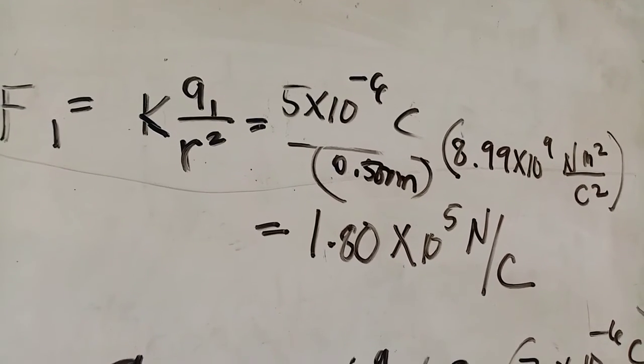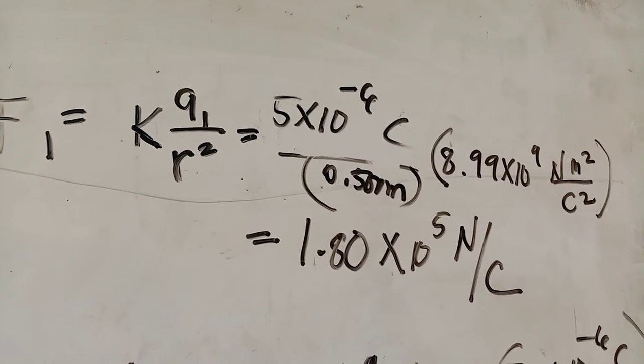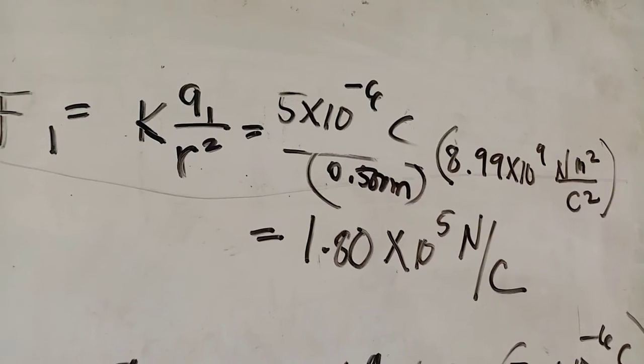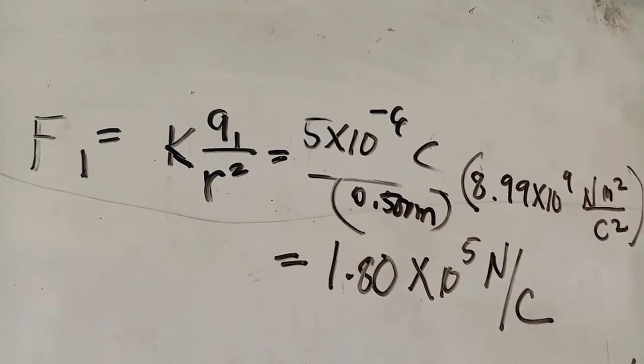Okay, so the magnitude of the electric field of charge 2 onto point P can be calculated using this one.